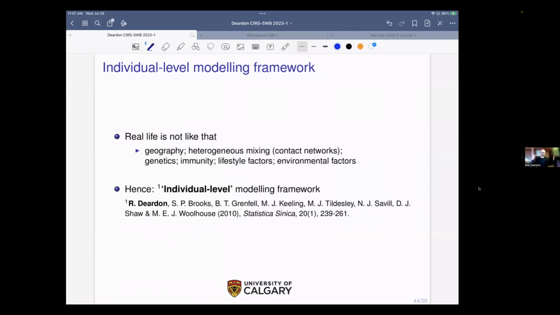Okay, you can think of lots of factors that are going to affect your risk of getting the disease or passing on a disease. Geography is an obvious one. I am more likely to contract a disease from people in my neighborhood than I am from people who live in a city 3 hours drive from me, right? And actually, you can think about geography or spatial distance. Human diseases are often better modeled through contact networks, right?